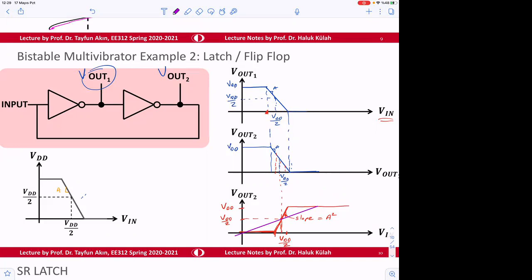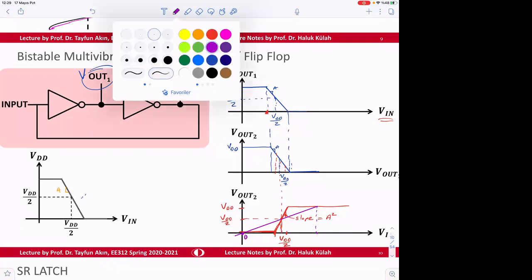Okay. So 0 input, output is 0. The circuit is connected, and then this is also output. So the bottom line is this.